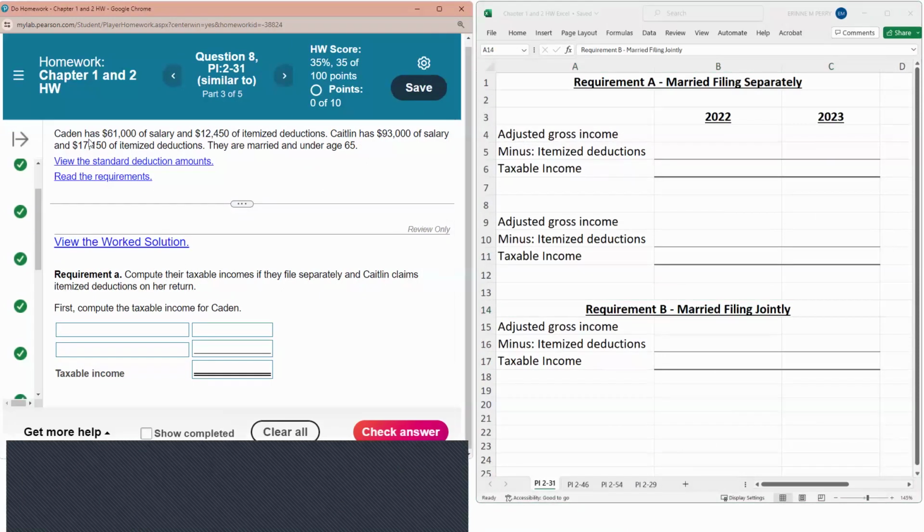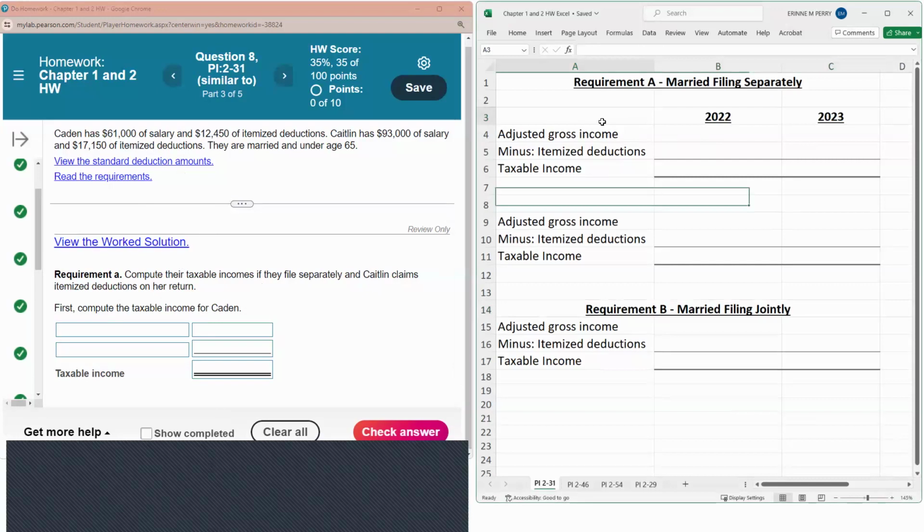Caden has $61,000 of salary and $12,450 of itemized deductions. Caitlin has $93,000 of salary and $17,150 of itemized deductions. They are married and under the age of 65. So it's asking, compute their taxable incomes if they were to file separately.